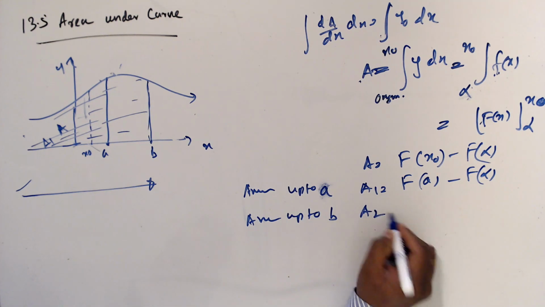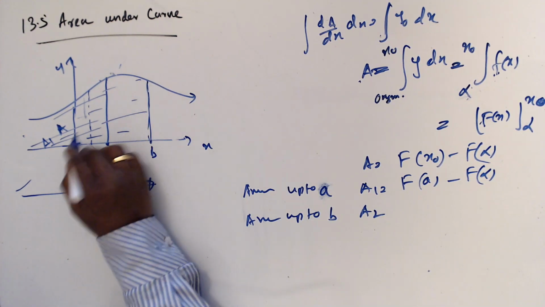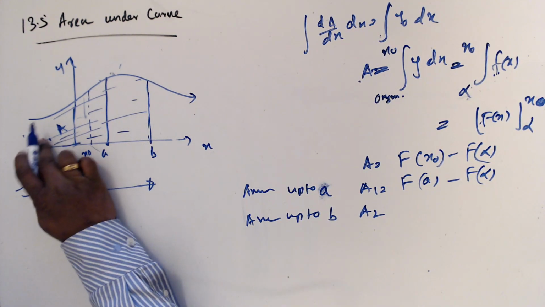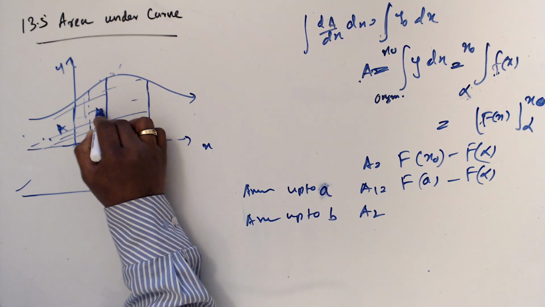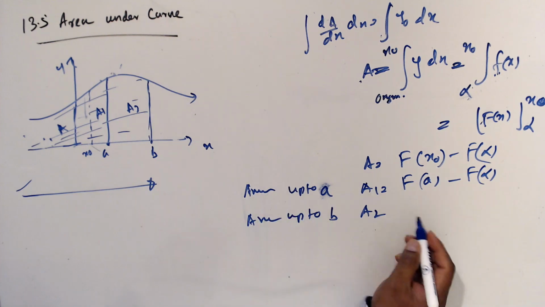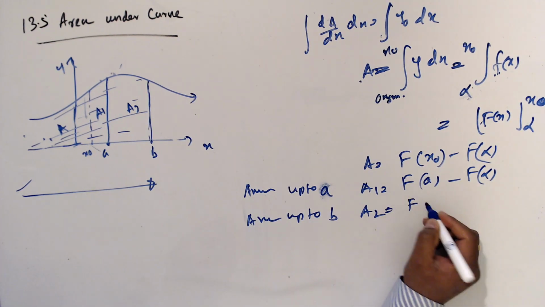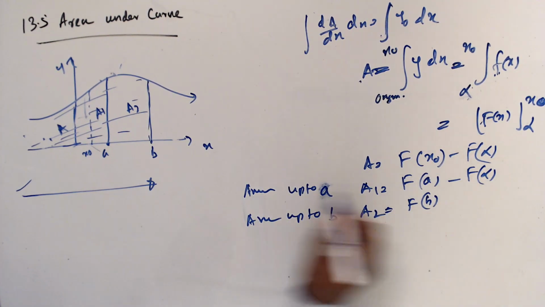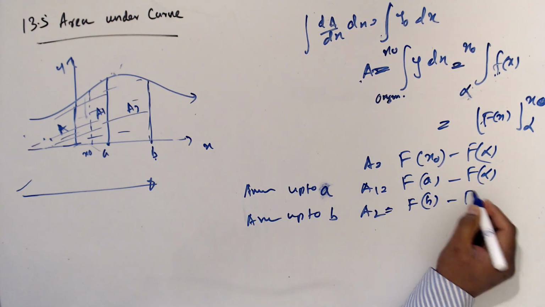I will take that area as A2, the new area, up to here A1, up to all area A2. So that is going to be F(B), because this point is B, minus F(alpha).